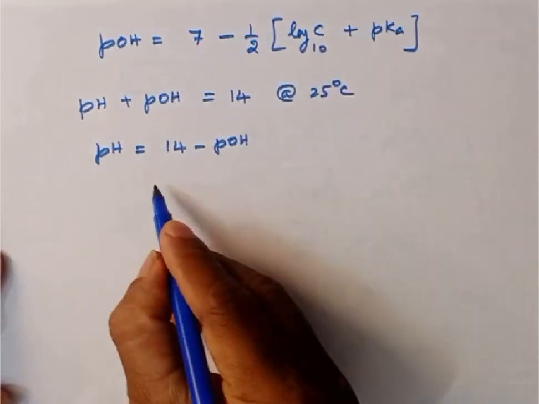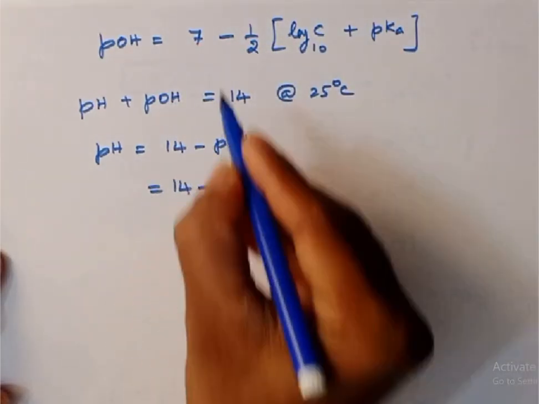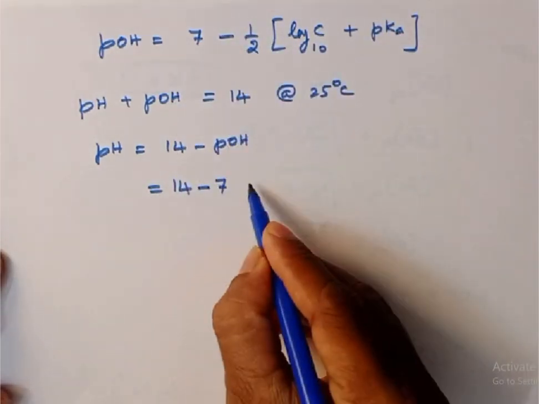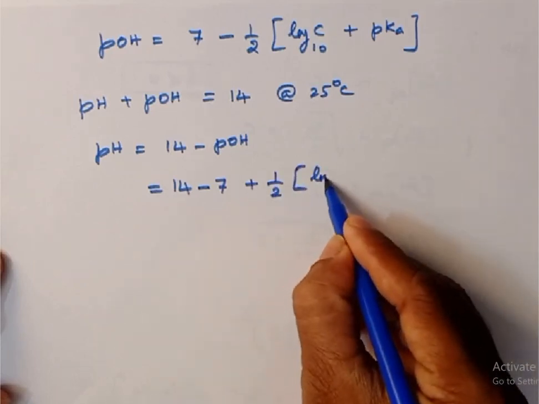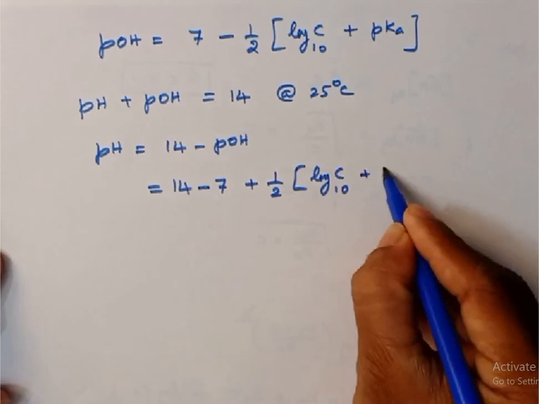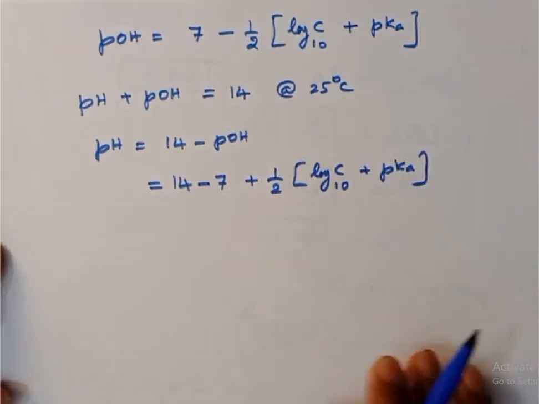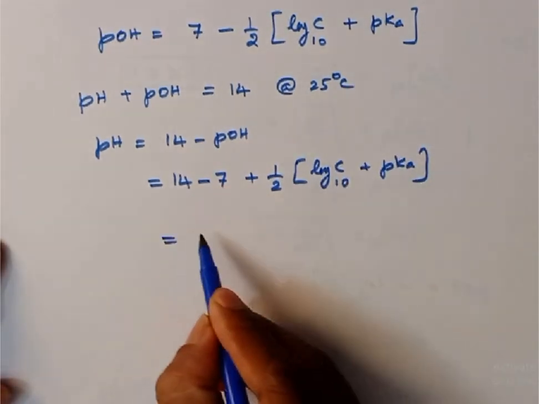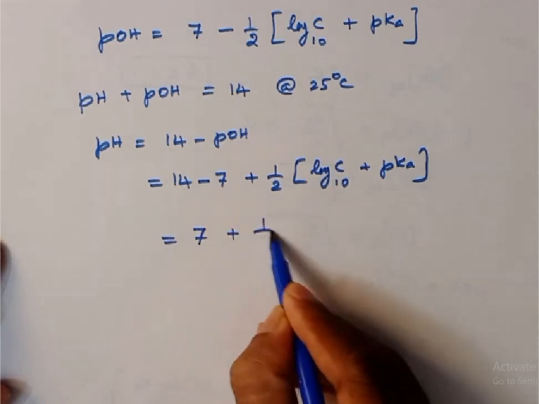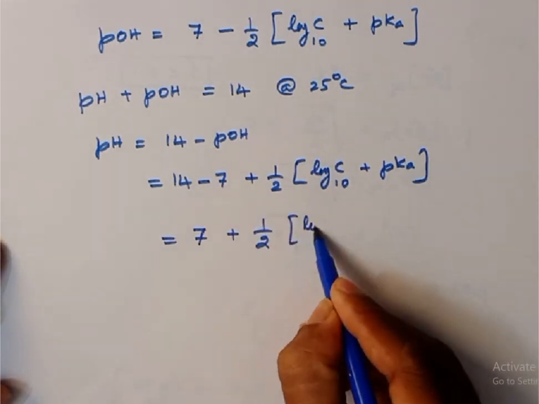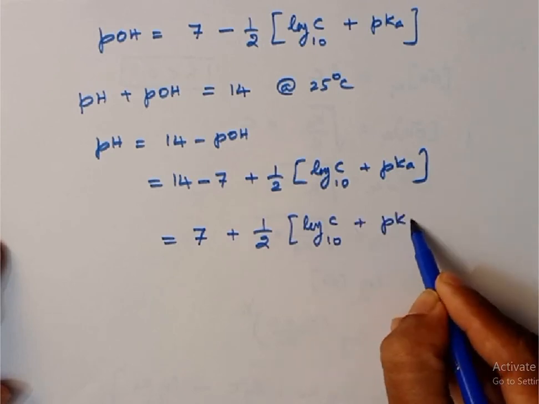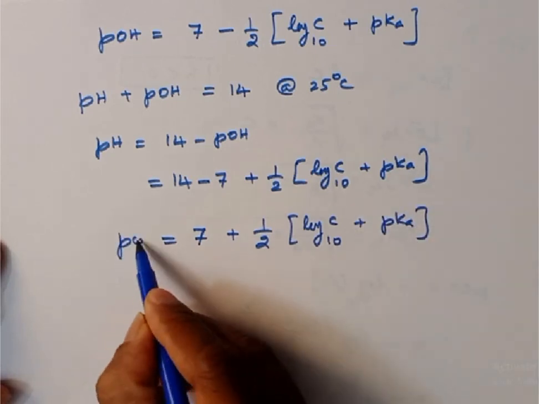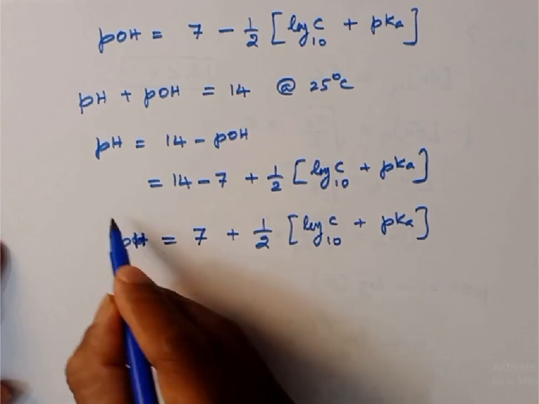So 14 minus of this, I'll get minus 7, and minus becomes plus 1 by 2 log C base 10 plus pKa. 14 minus 7 is 7. So pH equals 7 plus 1 by 2 into log C base 10 plus pKa. This is the formula for pH.